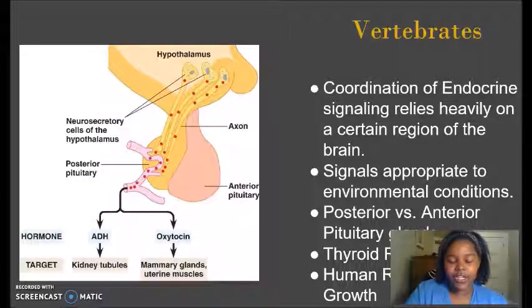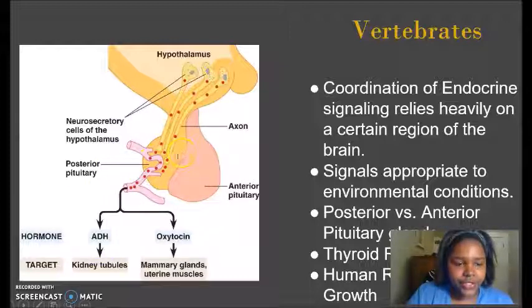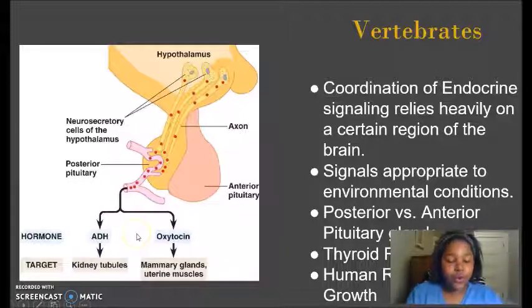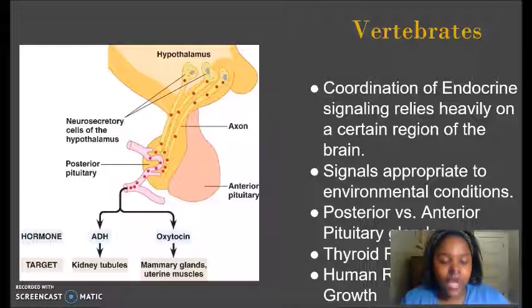The pituitary gland. Its main purpose is to produce hormones and release them into the body. As I just said before, you have these two different parts of the pituitary gland. Here is the posterior pituitary gland, and it secretes two hormones, the antidiuretic hormone and oxytocin.